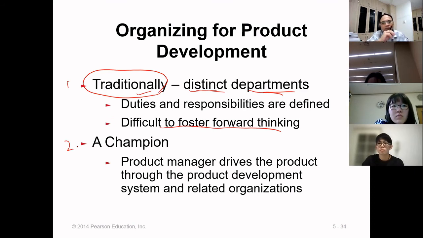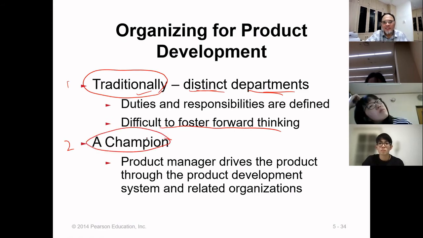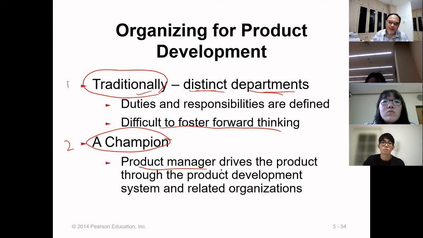Second is the company has a champion. Okay, that means product manager. Product manager drives the product through the product development system and related organization. That means there is some person who is going to be responsible for managing the whole process of product development.